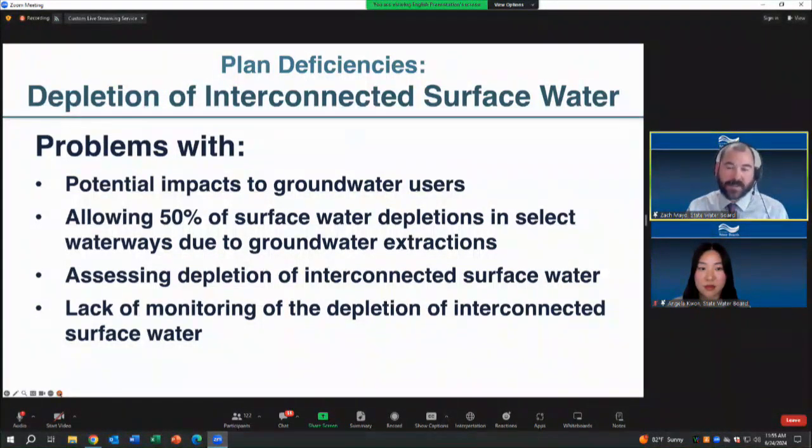When assessing depletions of interconnected surface water, the plans are not supported by the best available information, the best available science, or a model that quantifies surface water depletion. Lastly, the plans do not establish a monitoring network designed to address depletions of interconnected surface water.